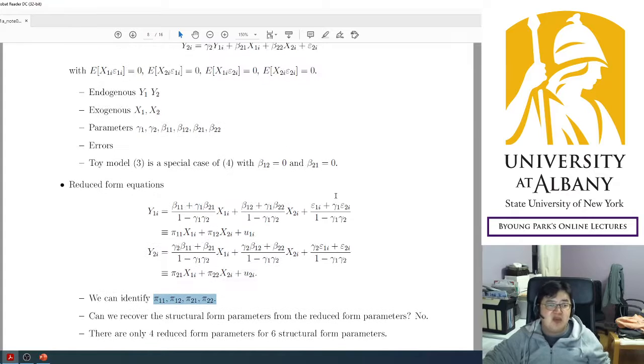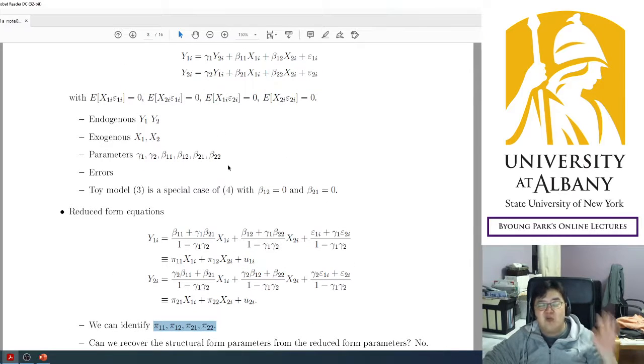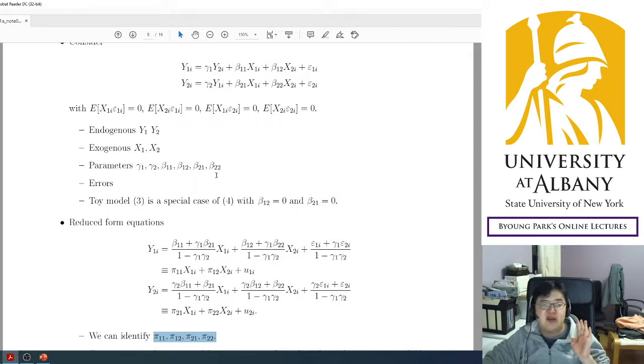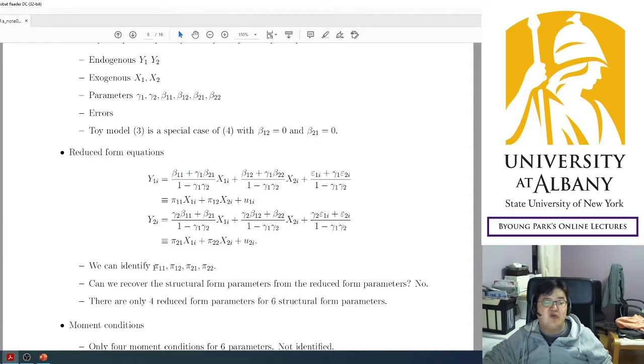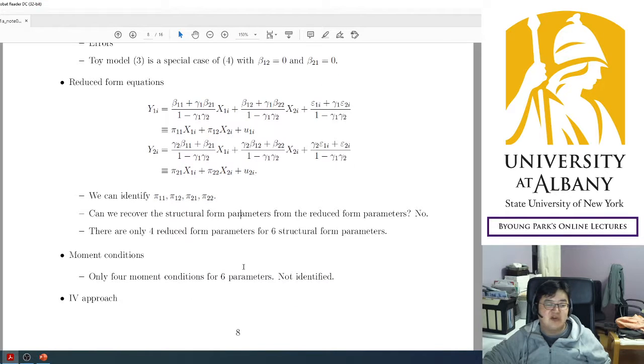But in model 3, there are only four parameters to identify, and now you have six. You have six parameters to identify, but you have only four identified parameters from the reduced form equations. Therefore, you cannot identify. That's also a simple failure.